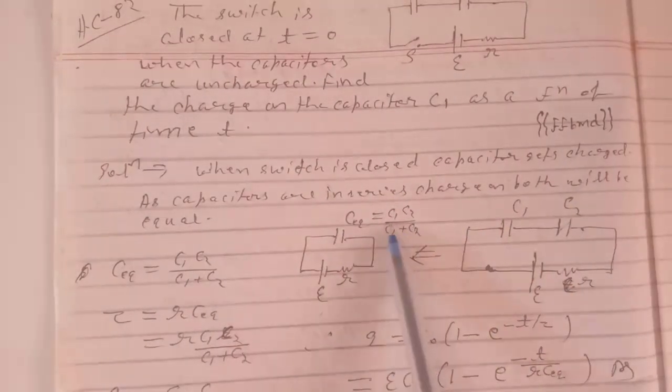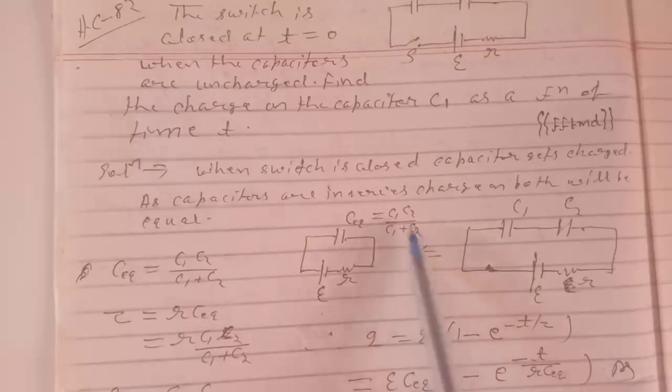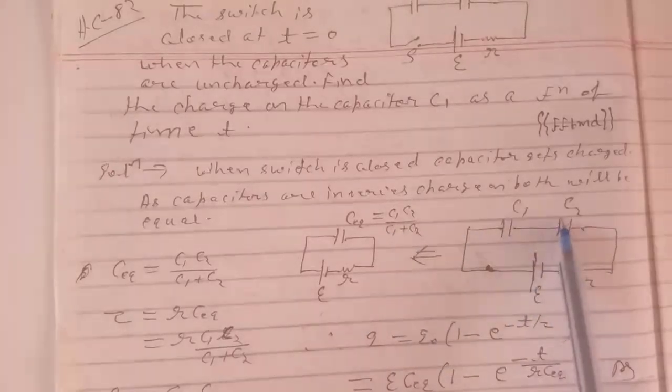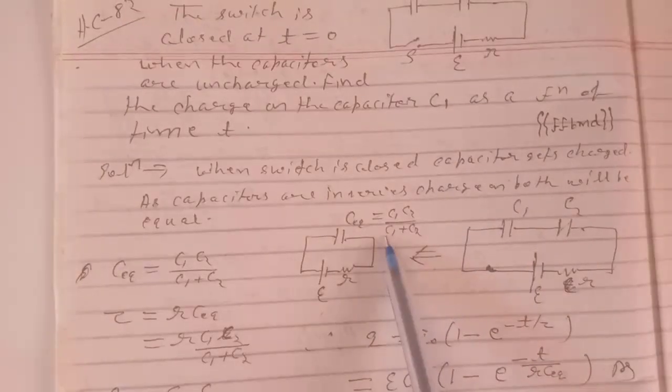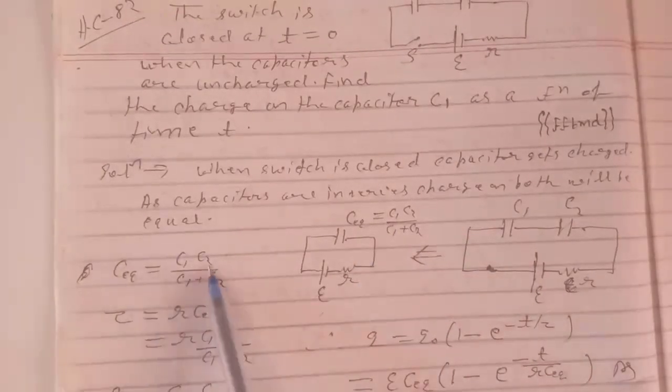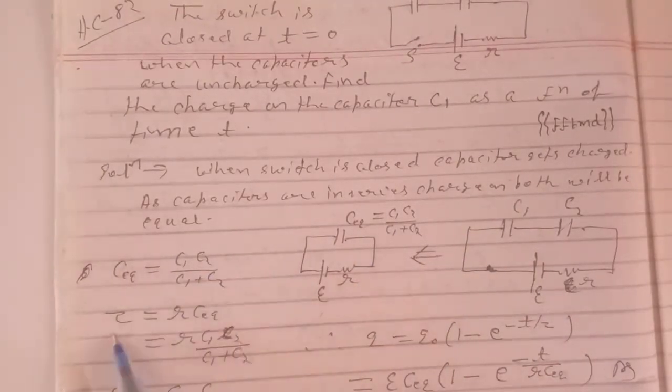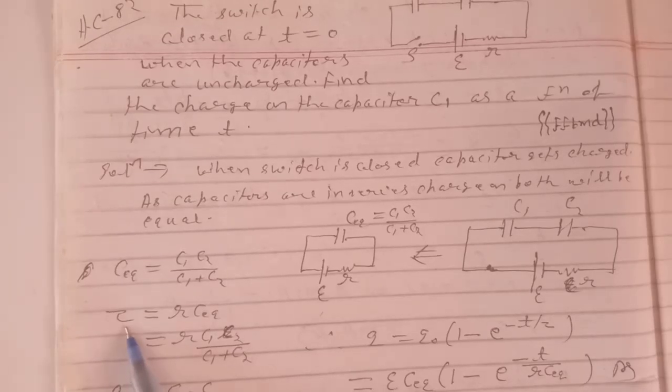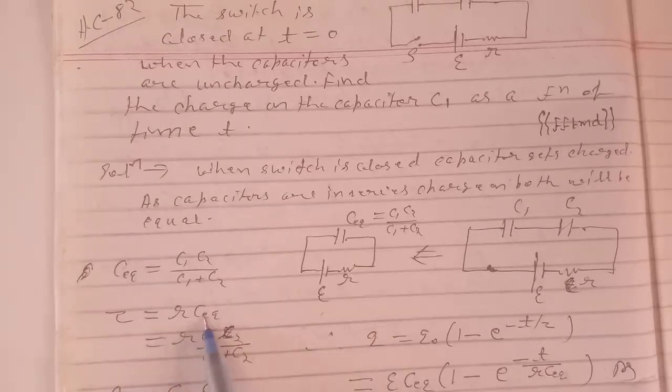Now C equivalent will be C1 into C2 by C1 plus C2. In the case of capacitors, the equivalent capacitance for series is given by this formula. So C equivalent is C1 C2 by C1 plus C2, and the time constant tau will be R into C equivalent, or R into C1 C2 by C1 plus C2.